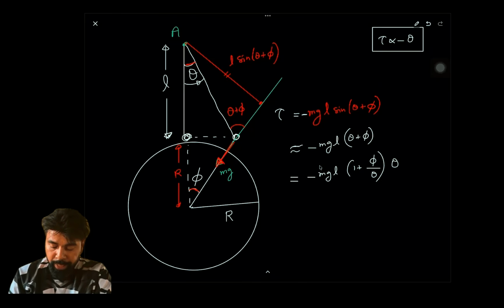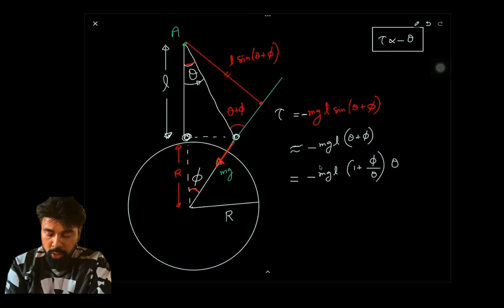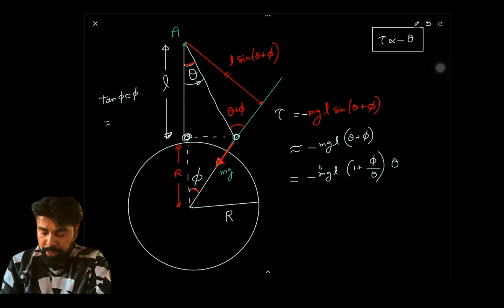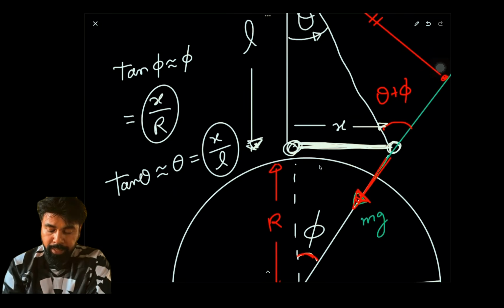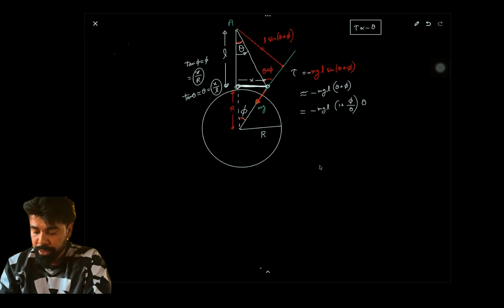Now what is the value of phi? Because both the angles are small, tan phi will be approximately phi, and the value of tan phi from this diagram, we can easily see that if I call this line x, then tan phi or phi is coming as x by r. And what is tan theta? Tan theta, approximately theta, is equal to x by L. So we'll put both of these values, x by r and x by L, for phi and theta respectively into this equation.